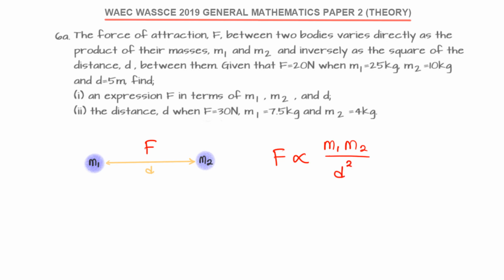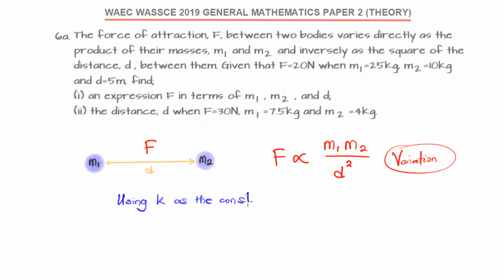Now, this is a classical question in variation, and we're just going to use the principle of variation to solve this question. In the first case, we're asked to find the expression for F in terms of m1, m2, and d. But looking at this, we are only seeing a sign of proportionality.